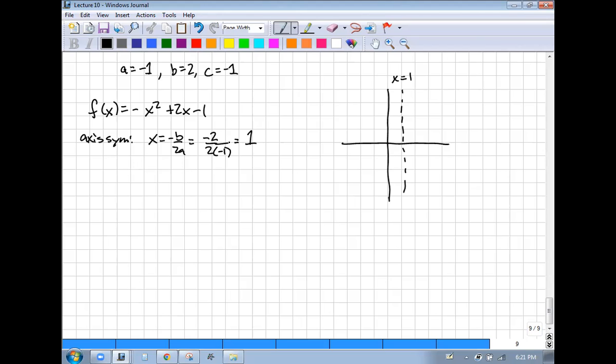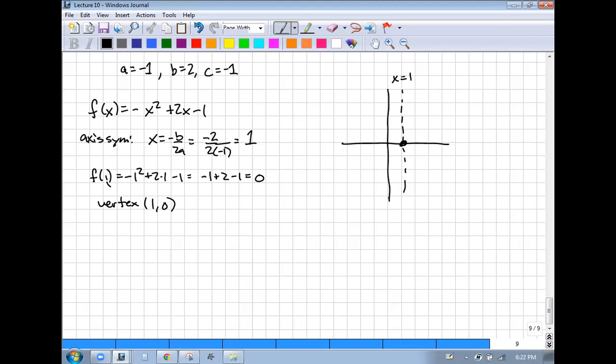What's the y value? Well, let's find out. I'll plug the x value in. Let's see, I got a minus 1 plus 2 minus 1. That's 0, right? So boom, there's my vertex. My vertex is at 1, 0.